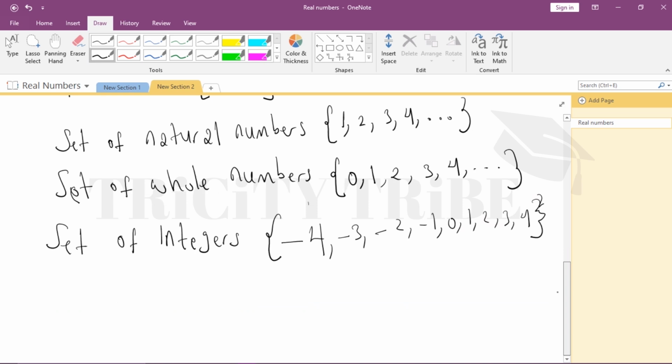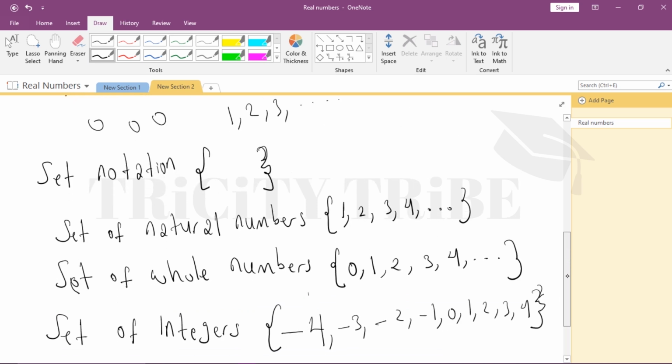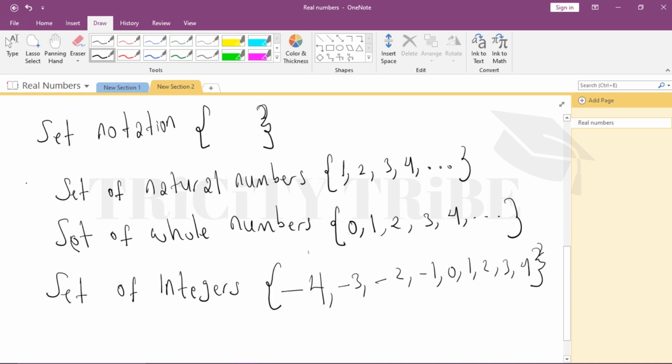So what you have here is 1, 2, and 3. A set of natural numbers contains 1, 2, 3, 4. Then for a set of whole numbers, you need to start from 0, then you continue with 1, 2, 3, 4. Then for a set of integers, you need to include the negative numbers.